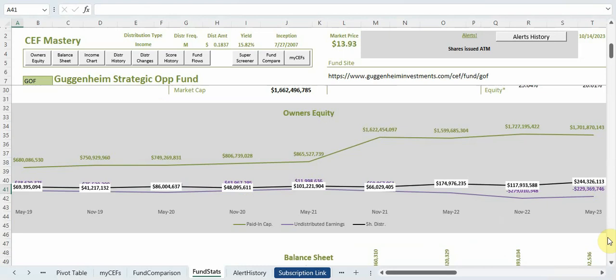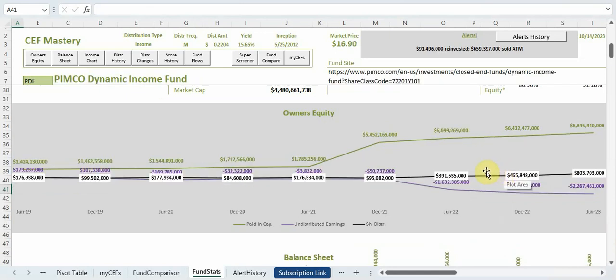Not too long ago, between the period of May 2021 and November 2021, GOF roughly doubled its capital position due to a recent reorganization among its sister funds. Similarly, in about the same time, PDI also had a reorganization among its funds, nearly tripling its capital position.